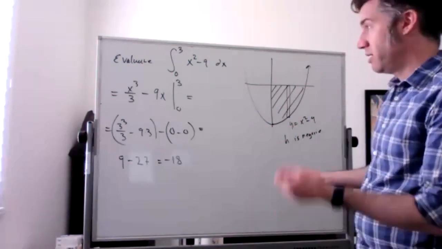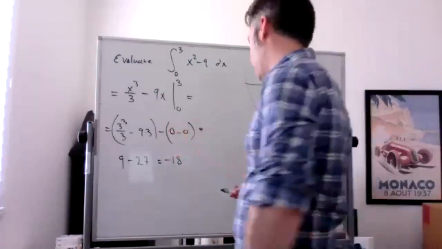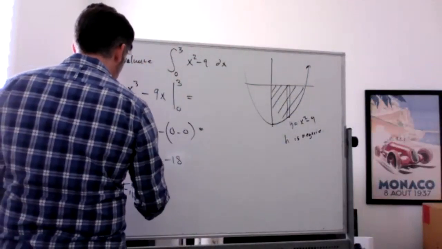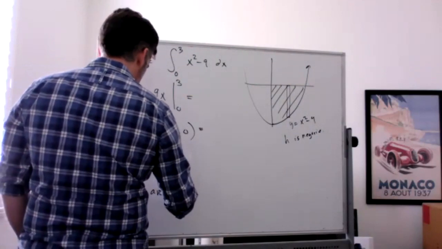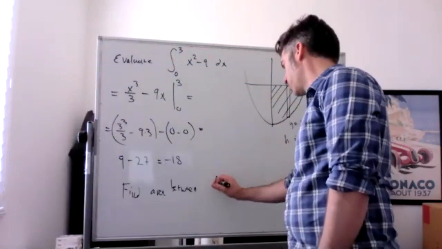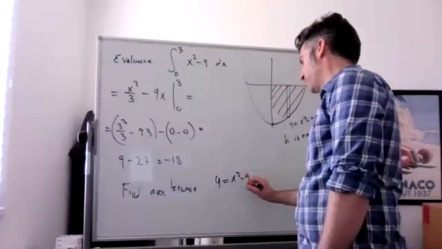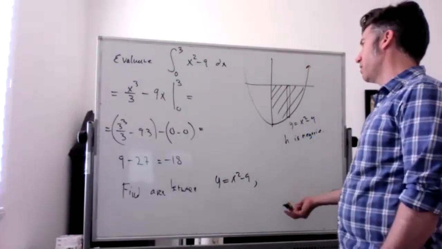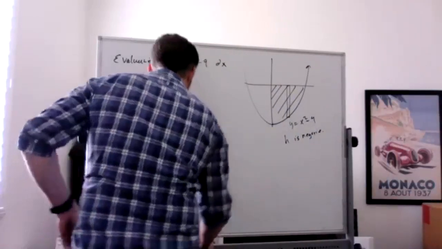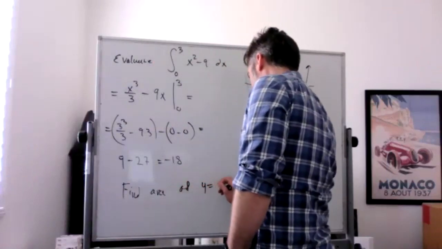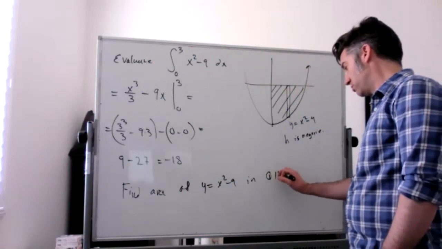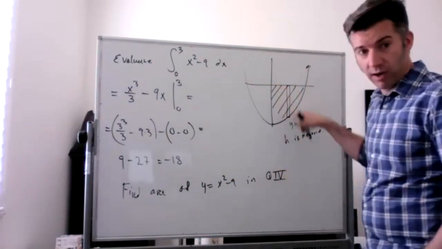So if someone said, instead of this being the problem, find the area of this curve, y equals x squared minus 9, in the fourth quadrant, which is this area here.